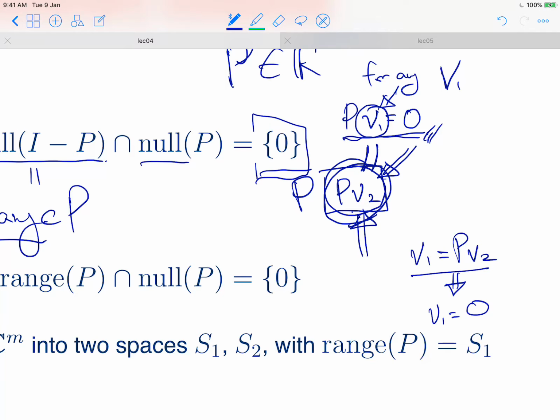So how do we prove that? I thought it's straightforward, but I might be wrong.